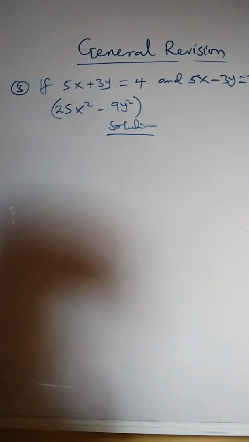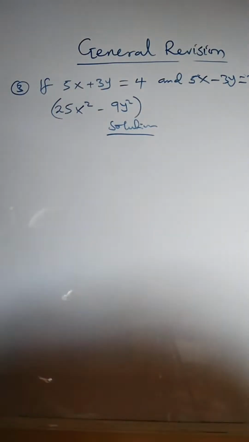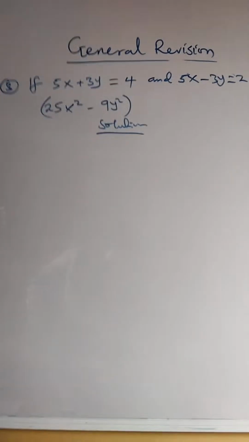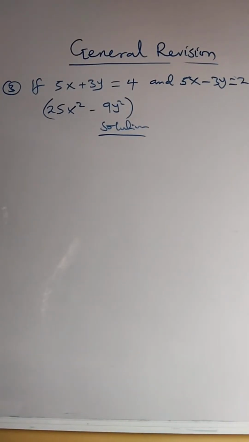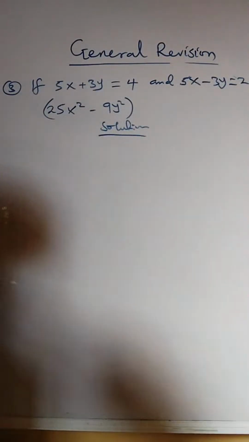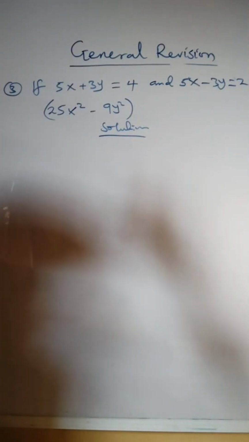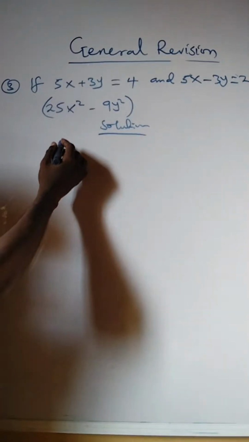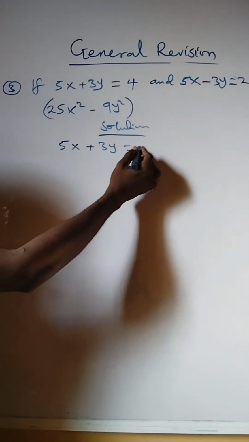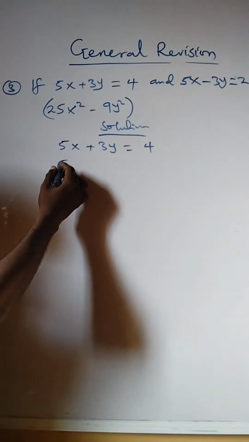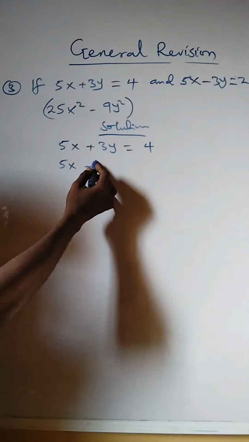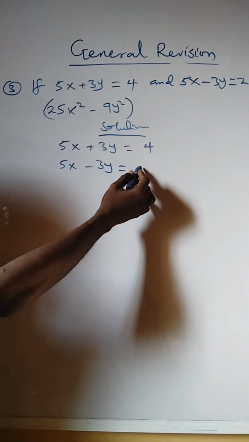Now, let's consider the solution here. We have two equations here, which we solve simultaneously to get the values of x and y. From equation 1, we have 5x plus 3y equals 4, and we have 5x minus 3y equals 2.